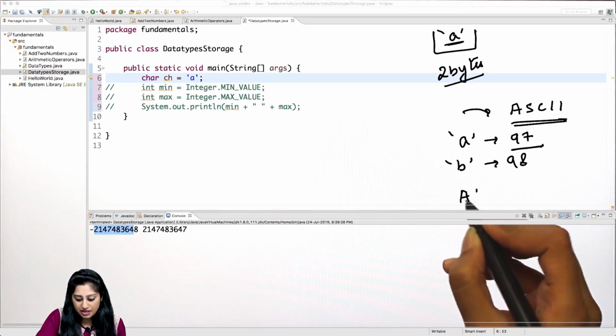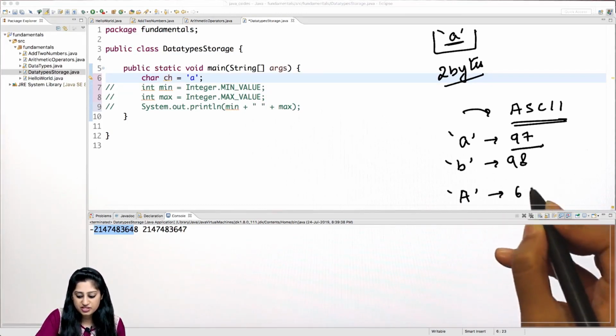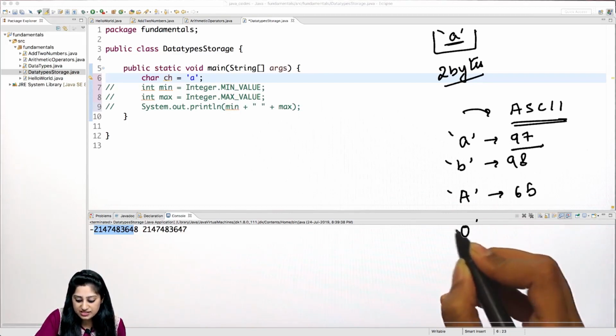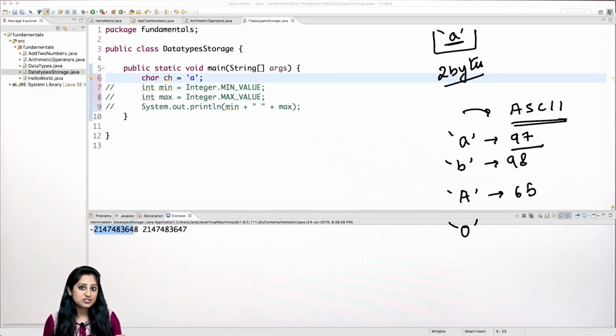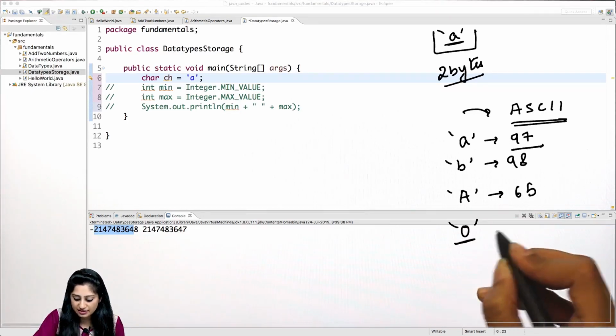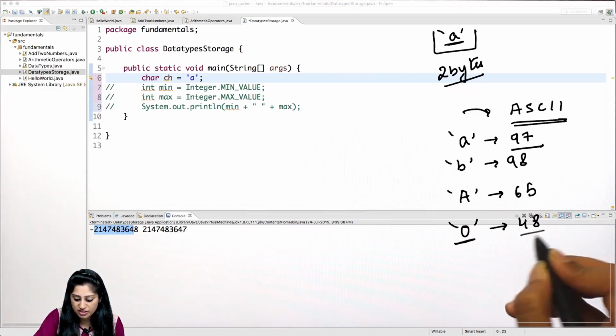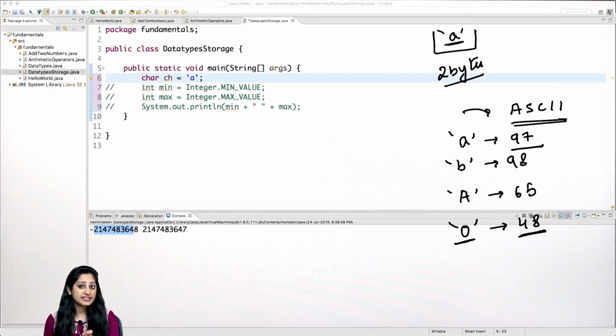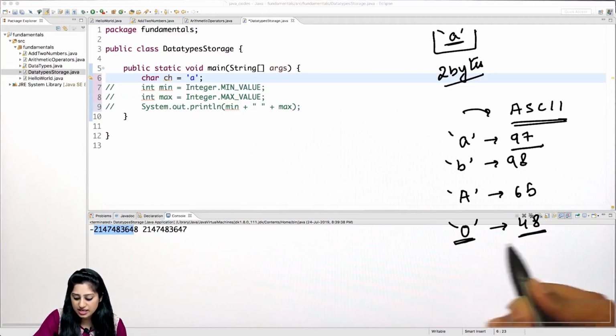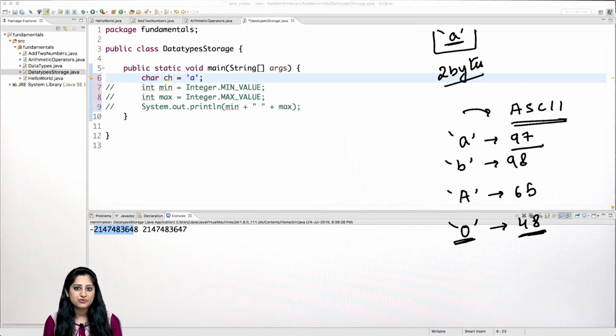If you want to store capital A, it is going to be 65. In fact, 0 as a digit character is also there. This 0 is a character and its ASCII value is 48. So 0 is a character as well and it was an integer as well, we have seen this. But 0 as a character means ASCII value 48. So you can store characters like this.